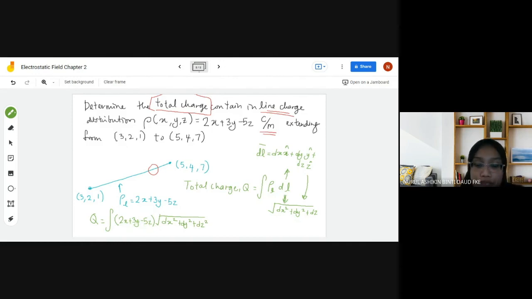It's up to you. You can choose any variable that you like. If you choose the x variable, you need to convert the other variables into the variable that you have chosen. For example, if you choose x, you need to convert y and z into x. So how? Let's do it together.